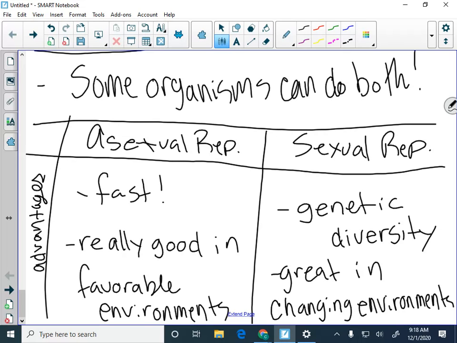If they are in an acidic and hot environment, right? They're both going to die because this one can't live in the hot and this one can't live in the acid.